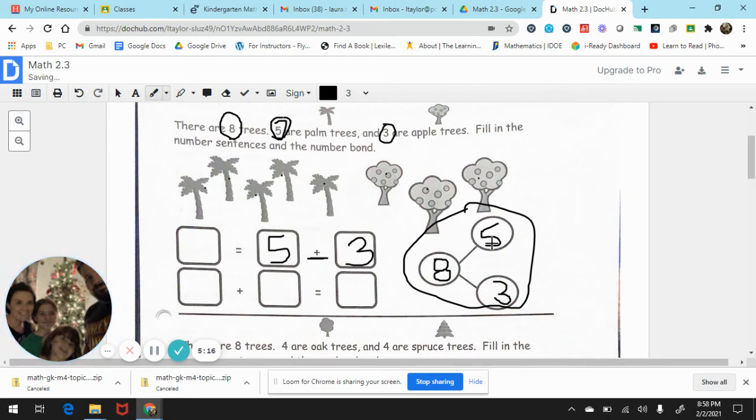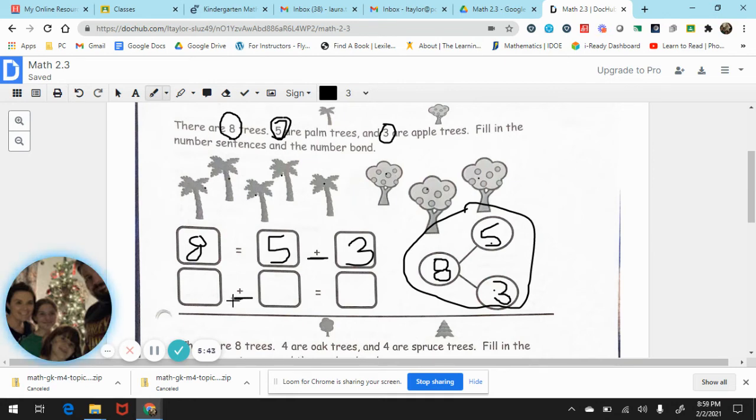All right, let's look at my fact family. Remember, I told you that we only use these numbers. If I've already used 5 and 3, what number is left? Right, my whole number. So 8 equals 5 plus 3. Okay, let's try that a different way. Oh, friends, here is my plus sign.